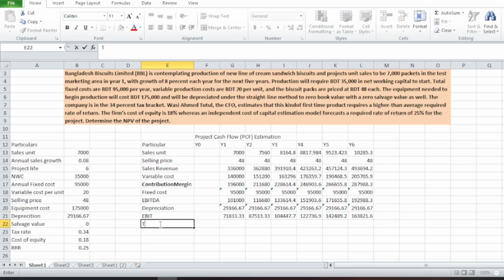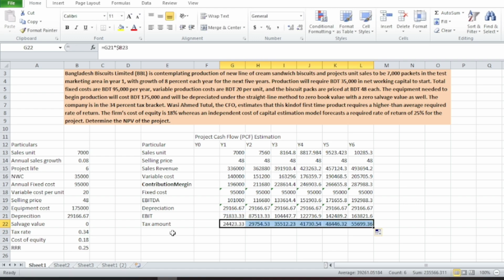Now we find our tax amount on EBIT. So EBIT times our tax rate, then we can find our tax amount. This is our tax amount for each year. Now we will deduct the tax amount so that we can find our EAT, earnings after tax.